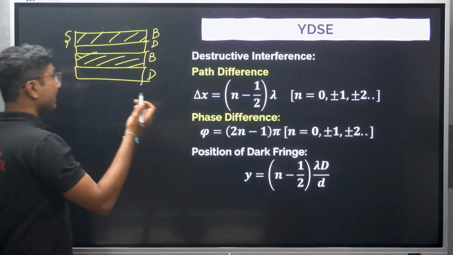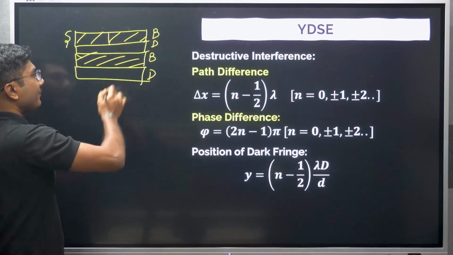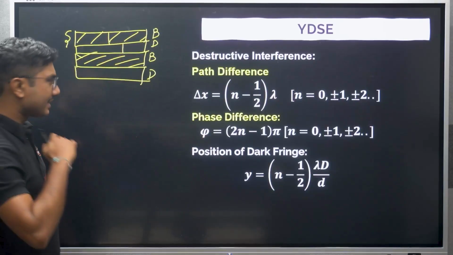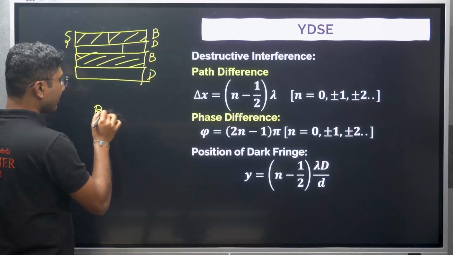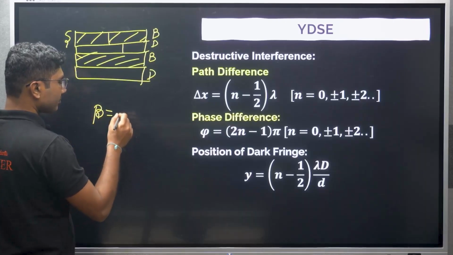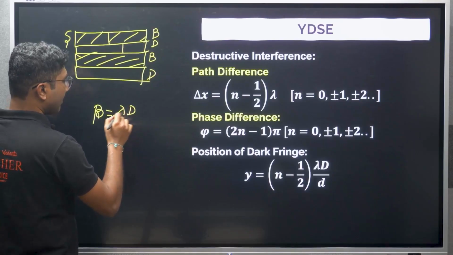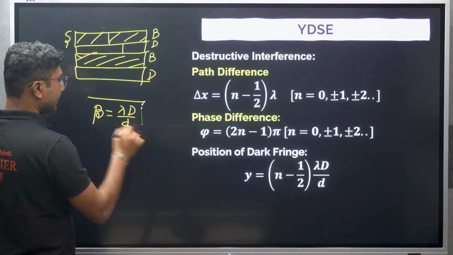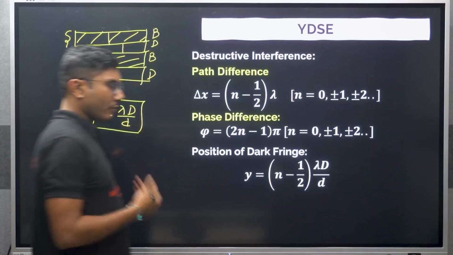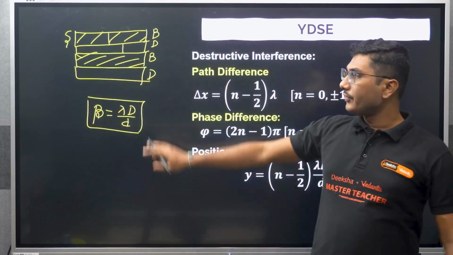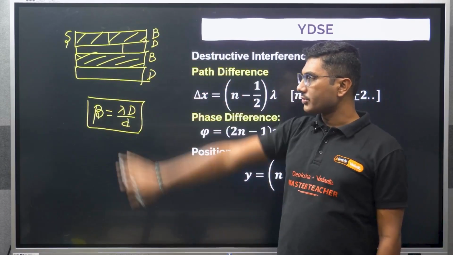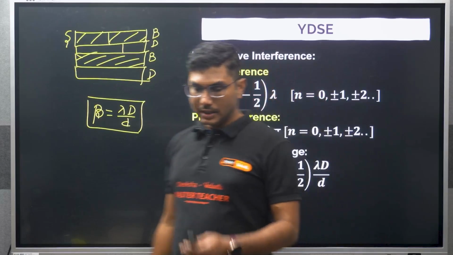In interference, the width of the bright fringe and dark fringe are the same, and that value is given by beta equals lambda D by d. As you can see, it is independent of the order. For whatever order it is, the fringe width is always constant. It is given by lambda D by d.